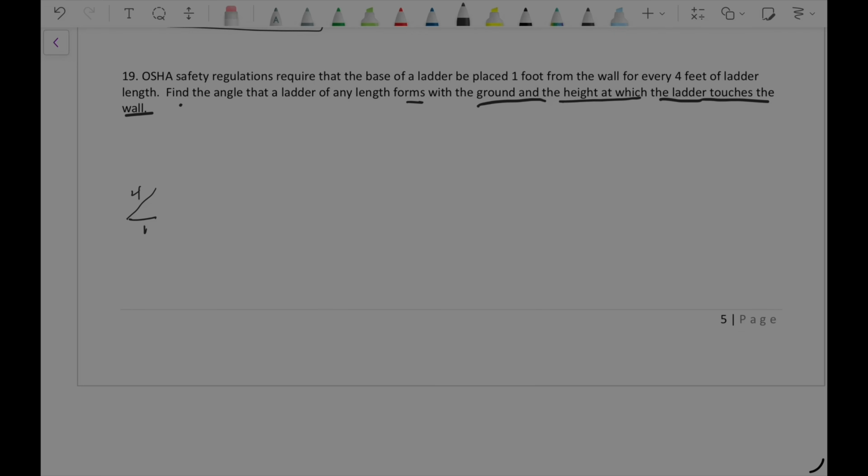Okay, so basically this is if you have a 4-foot ladder, right? 1 foot from the wall, here's the wall. So basically if you have, say, a 16-foot ladder, that's 4 times longer, then this needs to be 4 times longer, right? So it's all proportional. I'm going to keep it simple. 1 for 4.